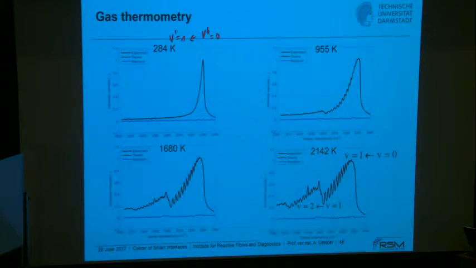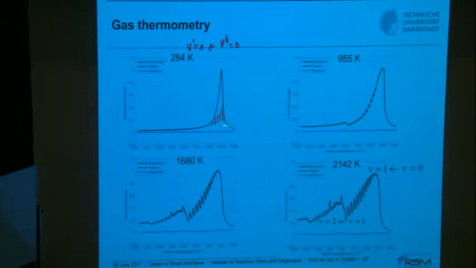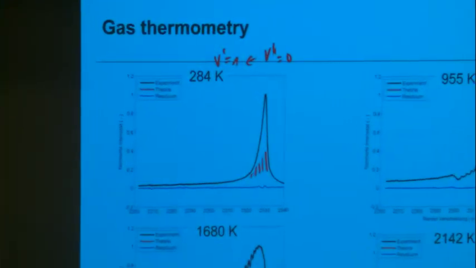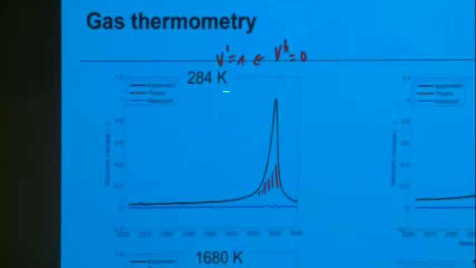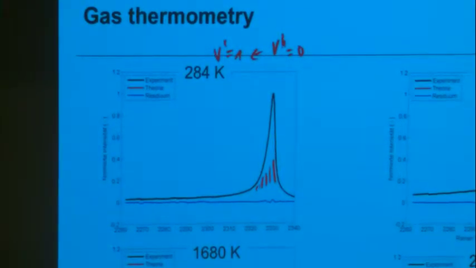Because of the low temperature and the resolution you have, the underlying handful or 15 rotational transitions are not really resolved. That is a problem in rotational-vibrational CARS. For low temperatures, it is not as precise as you wish, or as it is for higher temperatures.